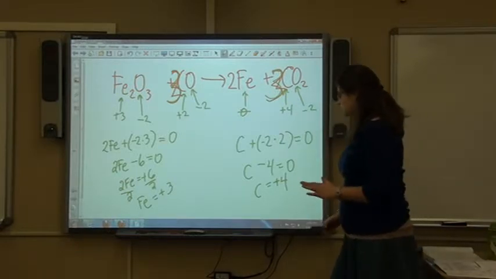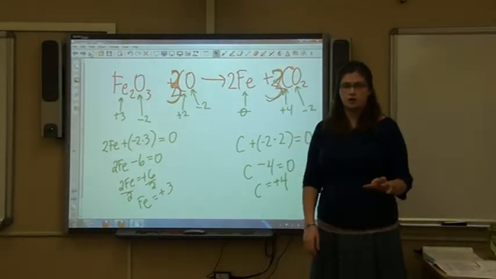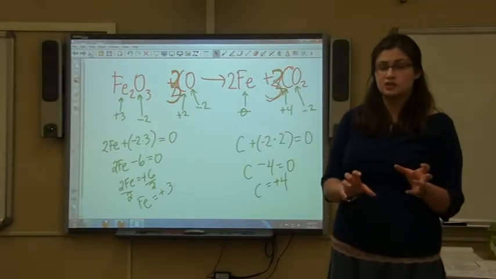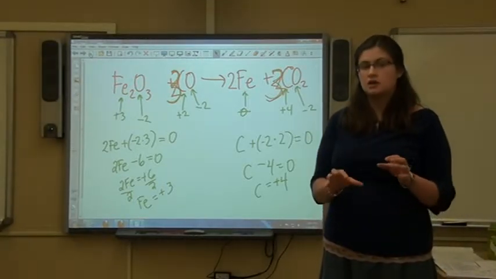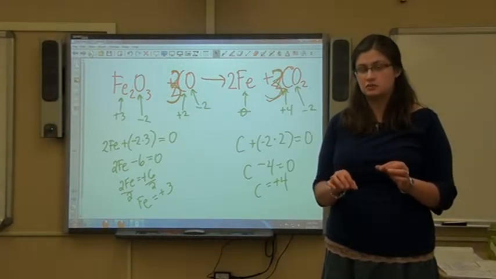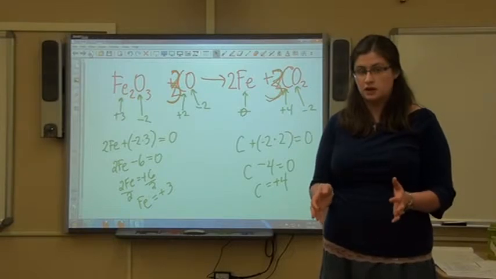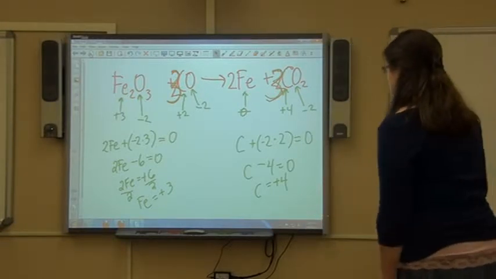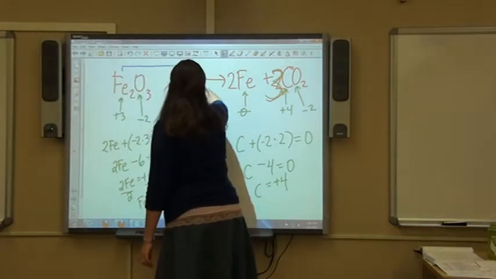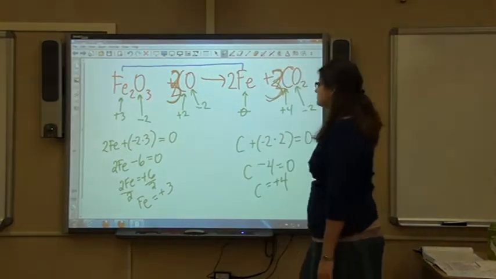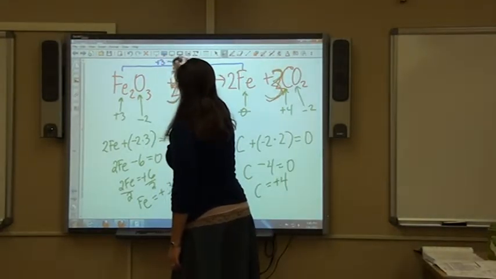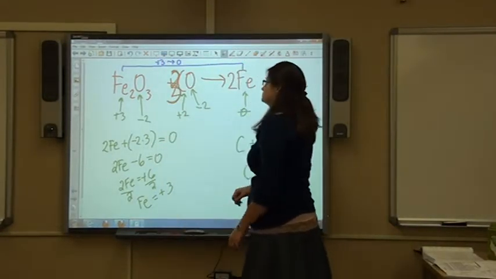Okay, now the thing for oxidation and reduction is that you're going to have a change in oxidation numbers within your chemical reaction. Find the 2 elements that have different oxidation numbers on either side of the chemical equation. The iron is going from +3 to 0.